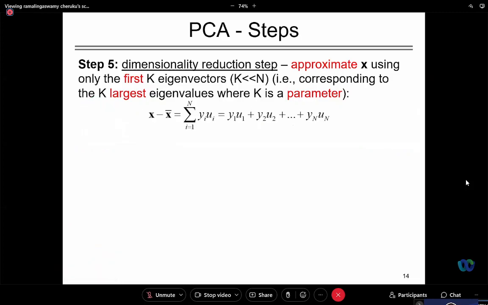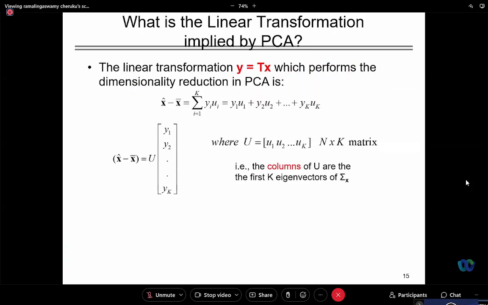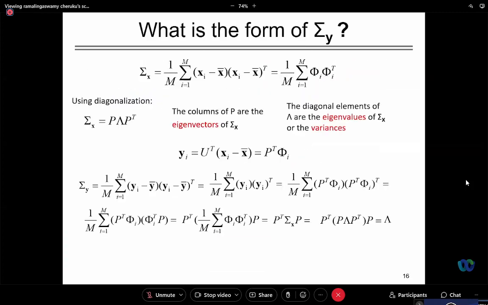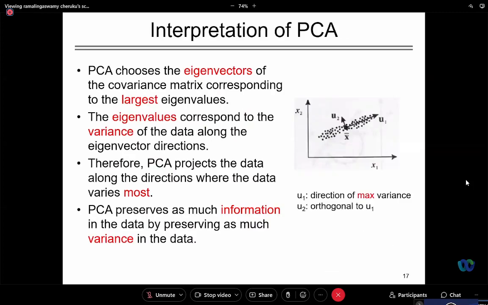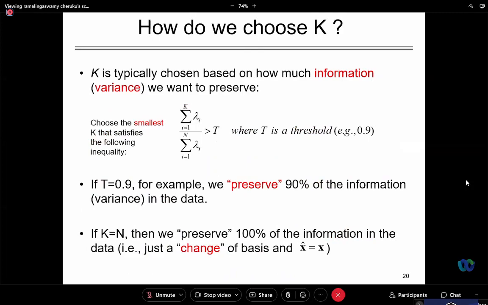That's it. Now let's see. Yes, you can see this is whatever I said. So this is the dimensional reduction step that you have to carry out, right?